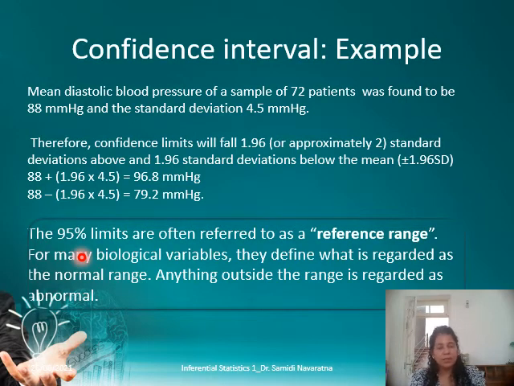So the 95% limits are often referred to as the reference range. For many biological variables, they define what is regarded as the normal range. Anything outside the range is regarded as abnormal.